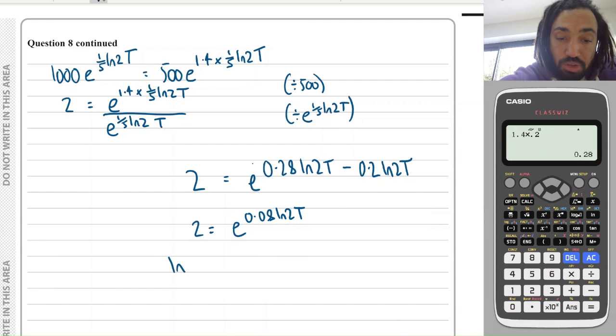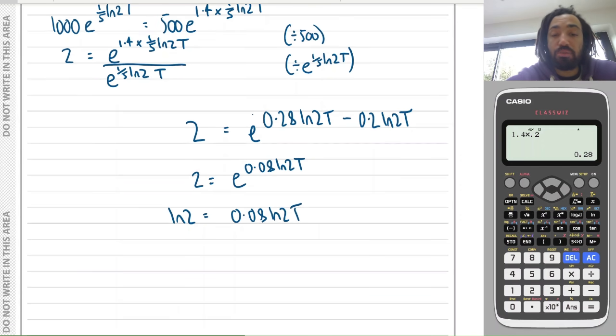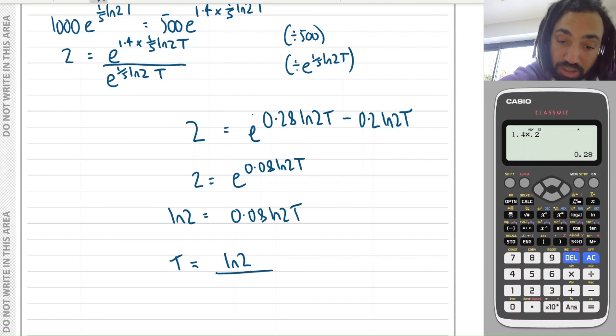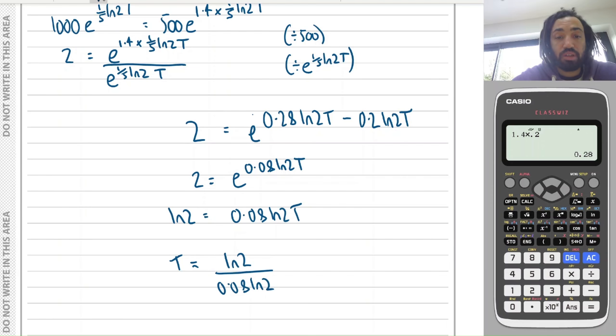We're going to take the natural logarithm of both sides, and that's going to cancel and bring the power down. And then we're going to divide through by 0.08 ln 2.